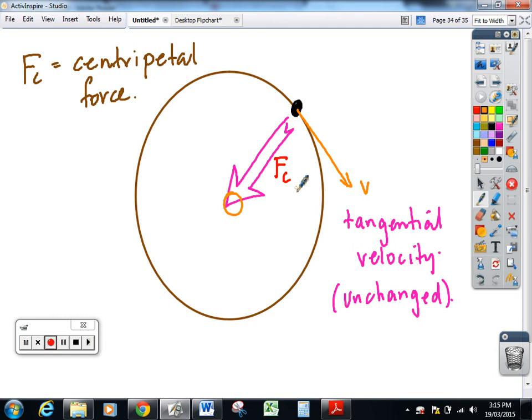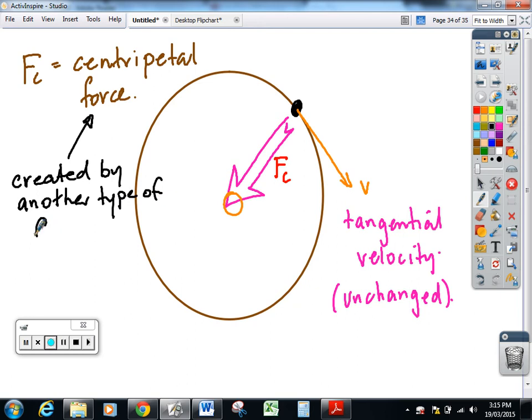So the centripetal force is created by something. So this doesn't exist as a true force. It is created or made by another type of force. And that other type of force could be gravity. It could be the electrostatic force, as in the nucleus and electron.